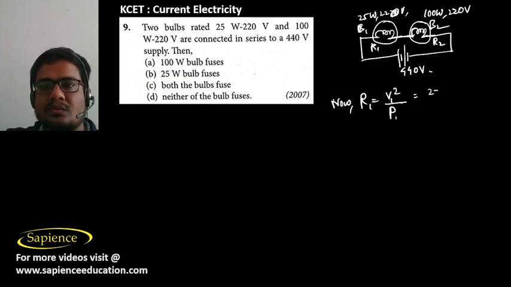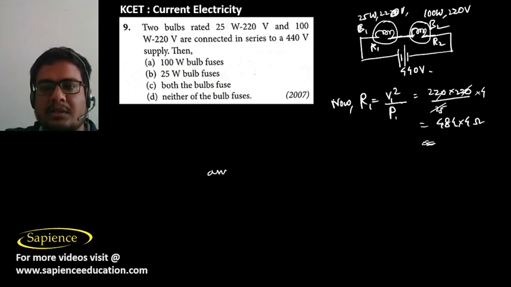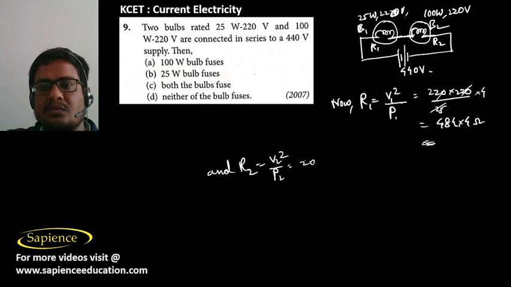So this is 220 into 220 divided by 25 watt. So this is 22 into 22, that is 484 into 4 ohm. And R2 will be equal to V2 square by P2, that is 220 into 220 divided by 100. So this will be 484 ohm.